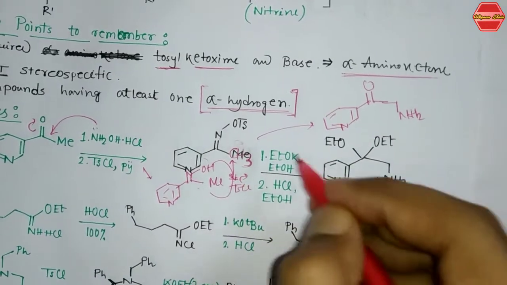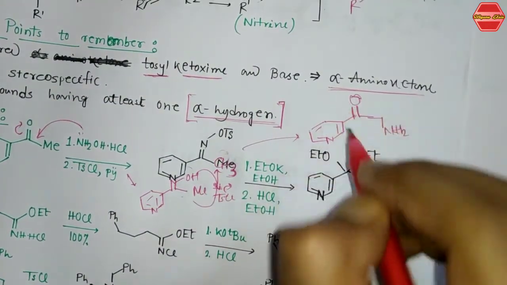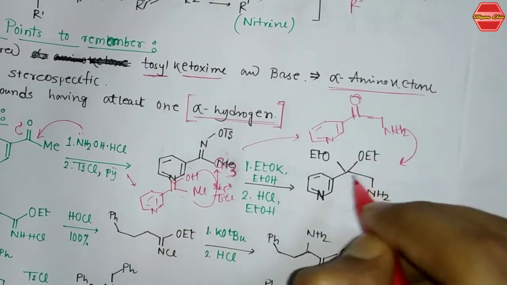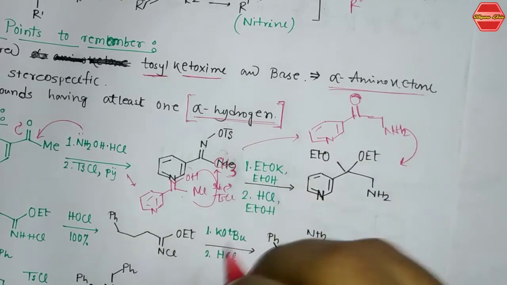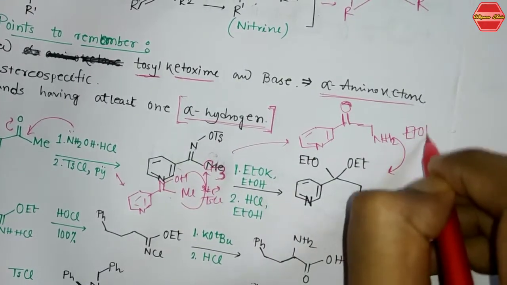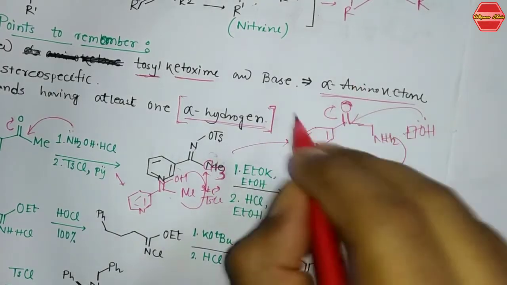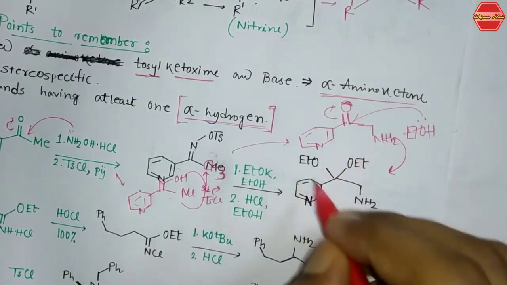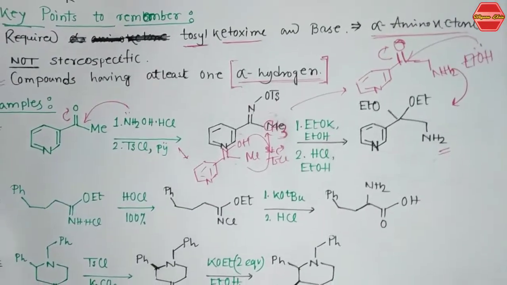When we are using ethanol in the medium, it can protect this double bond in the form of an acetal. So this is your acetal form, and it can protect when you are using HCl in the presence of ethanol. If ethanol attacks over here, and then a further attack of 1 mole of ethanol, you are going to get this kind of acetal product. So this is your final product.